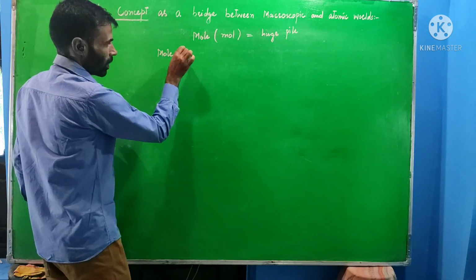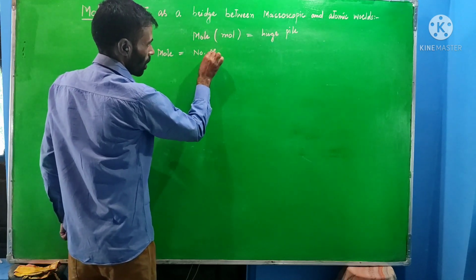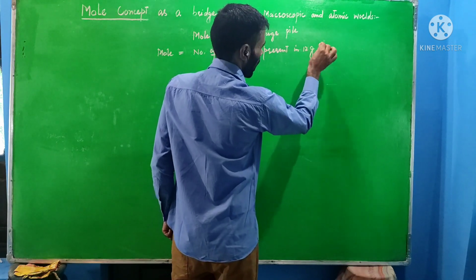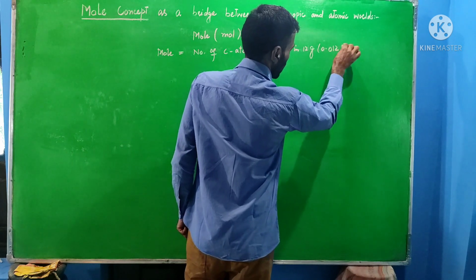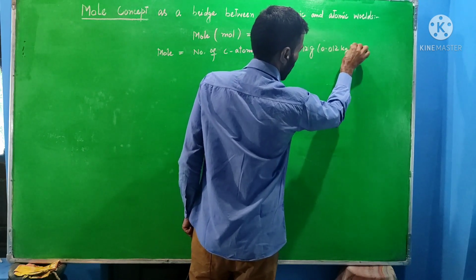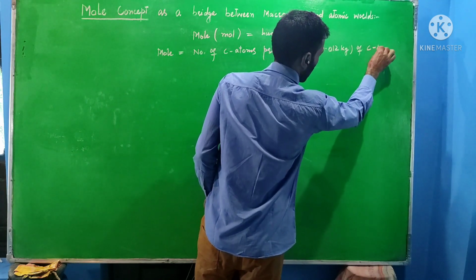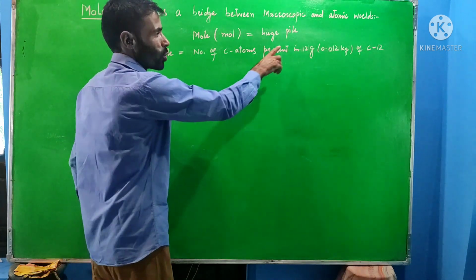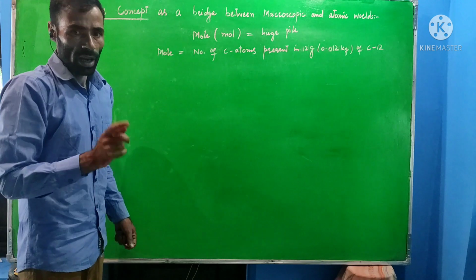After that, I may give the definition of this mole. Mole is equal to the number of carbon atoms present in 12 gram, that means 0.012 kg of carbon-12. The number of carbon atoms present in 12 gram of carbon, we call that number a mole.